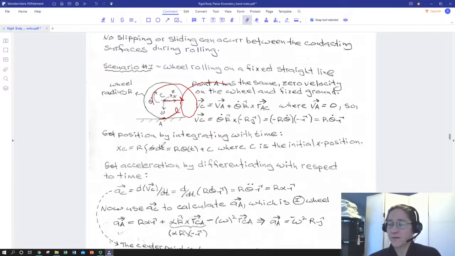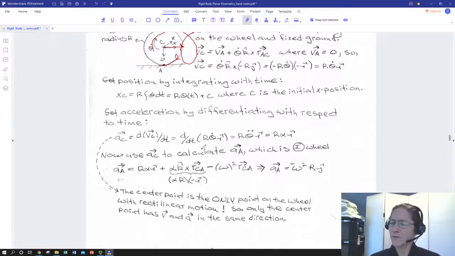That could be any function of time, but we'll end up getting r times theta at some time plus a constant to indicate wherever we started. And this will be a linear position. Notice our units are right. Theta is in radians, effectively unitless, and r is in length units. So our displacement or position at any time for the center is going to be in length units.